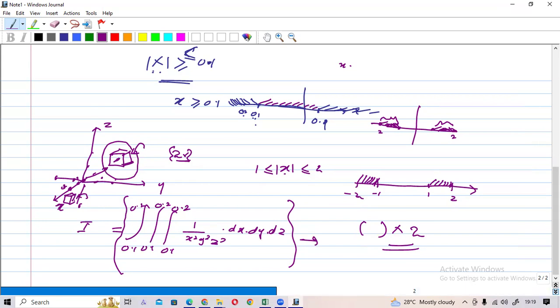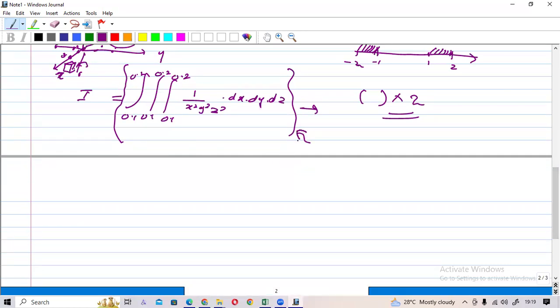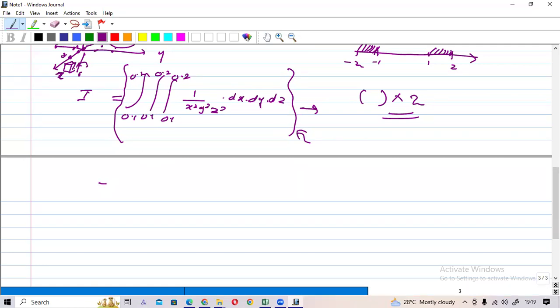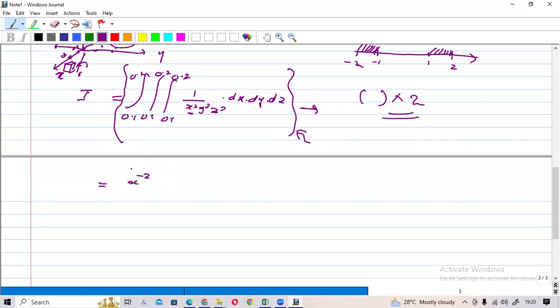So what you have to do is you need to evaluate this integration. I hope you can evaluate this integration. Should I evaluate this integration? Okay, let's quickly do. If it is 1 over x square, you can get x to the power minus 2 integration from 0.1 to 0.2.